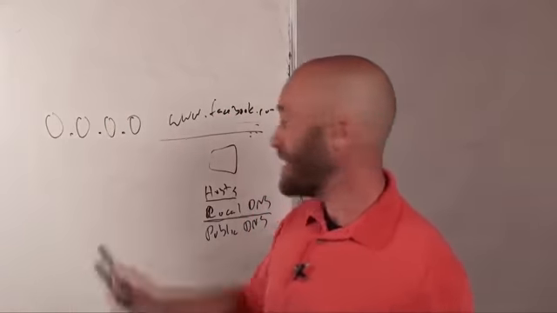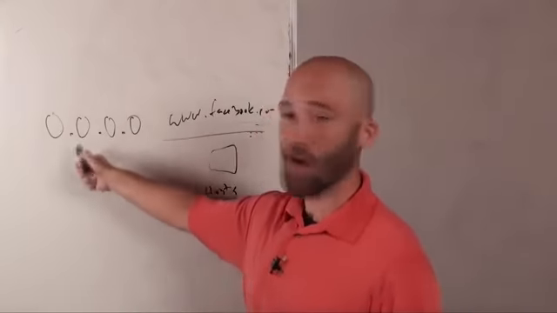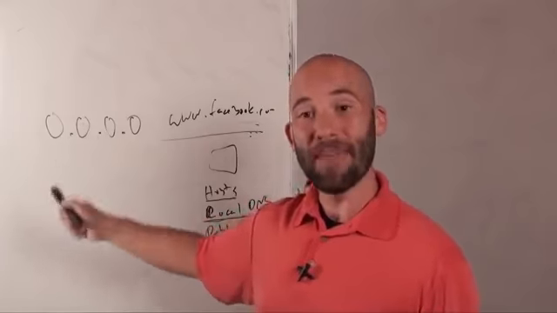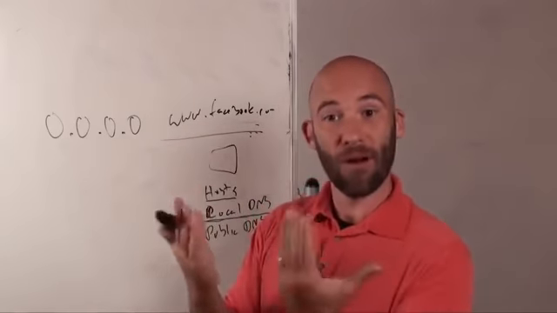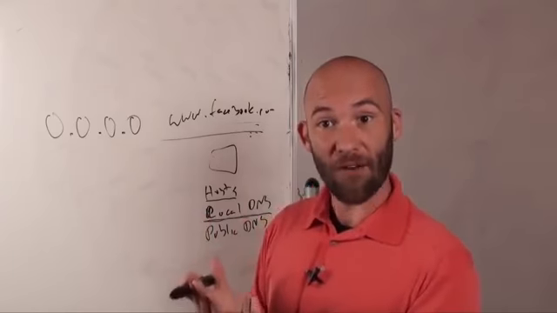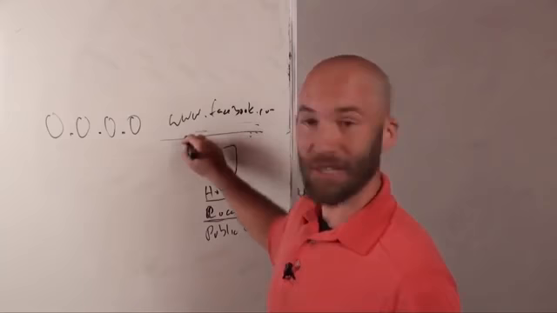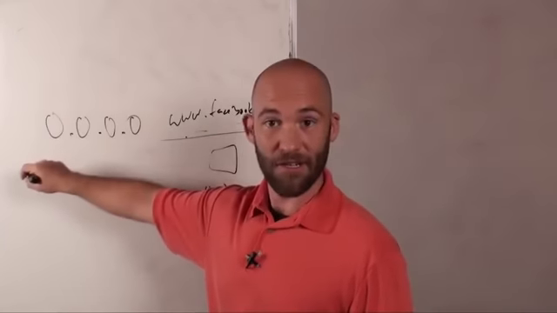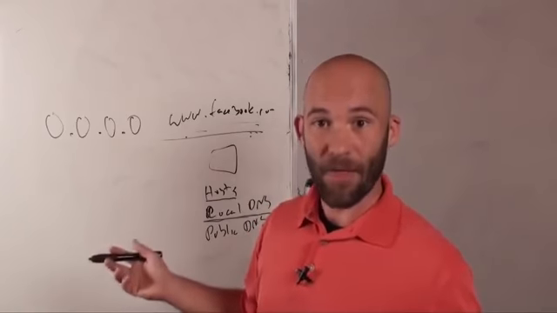What will happen then is this IP address doesn't resolve to anything. This is a garbage IP address, which means if somebody tries to go to Facebook.com, you will get one of those errors, page not found, because the computer says, okay, Facebook.com equals 0.0.0.0. It then tries to go to 0.0.0.0, and nothing works.